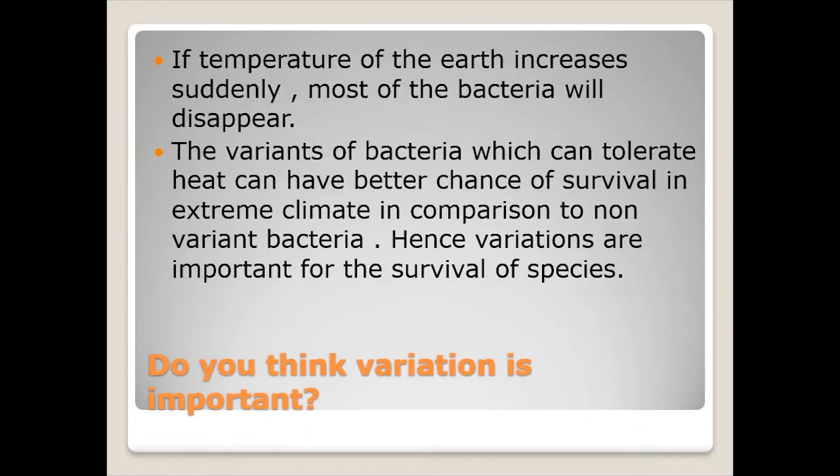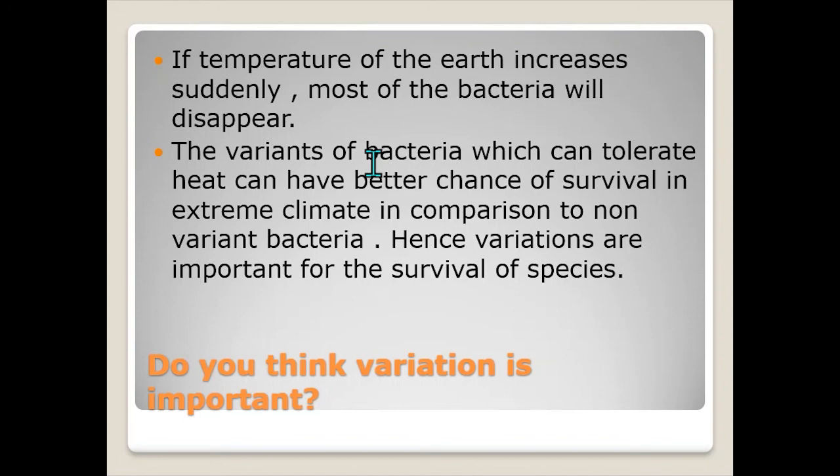Next question is, why is variation important? We know that there are minor differences or changes due to the inaccuracy in copying of DNA, right? Some variations are useful for the organism, and some variations are lethal for the organism.